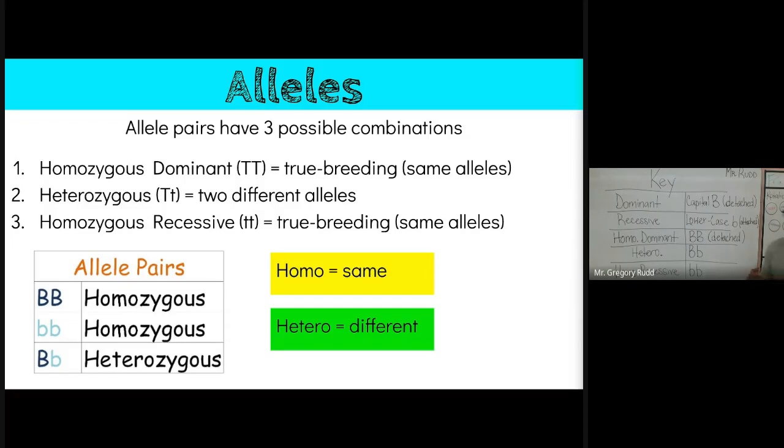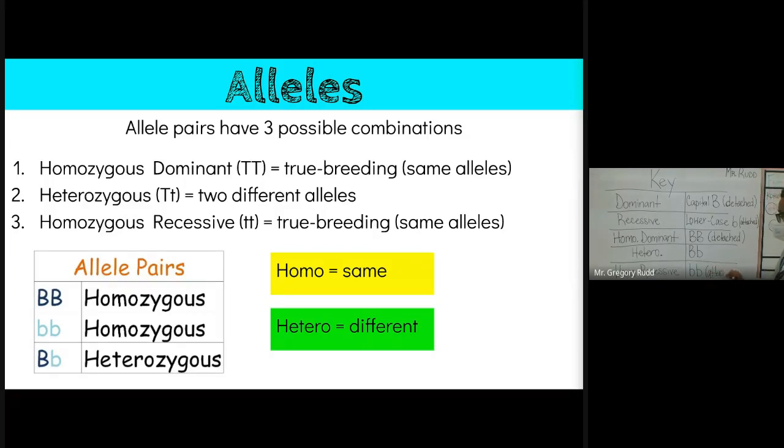All right. So what if I have attached earlobes? What is my combination of alleles in that case? If I've got attached earlobes, you have to be homozygous recessive. Good.